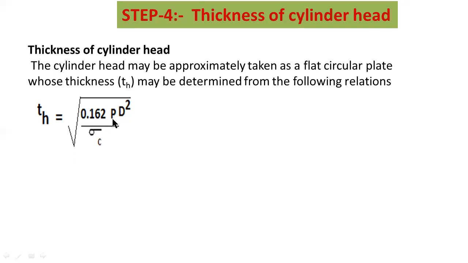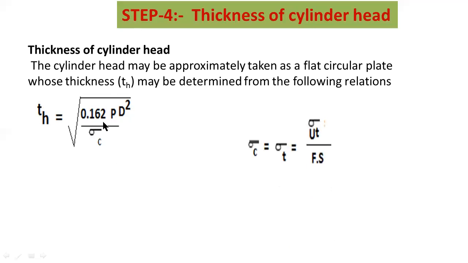Here capital P is the inside maximum pressure in the cylinder, and capital D is the bore diameter or inner diameter of the cylinder. Sigma_c is the circumferential stress. By using this formula you can get the value of cylinder head thickness.